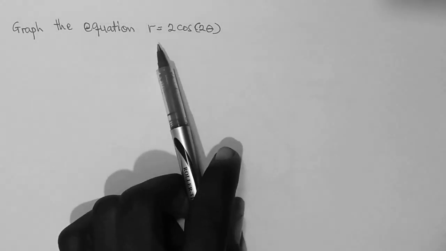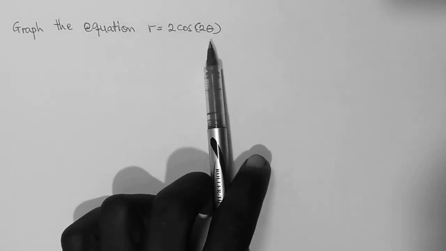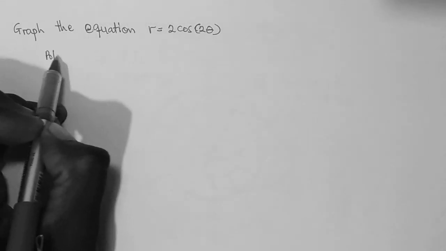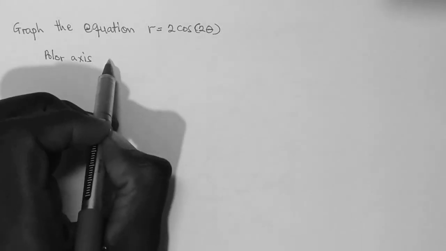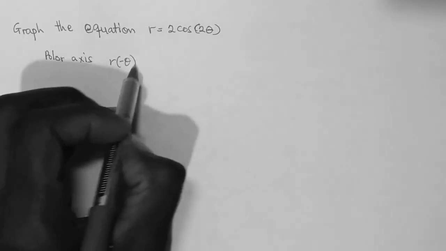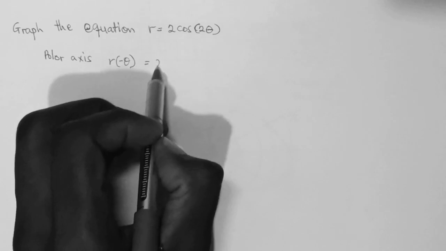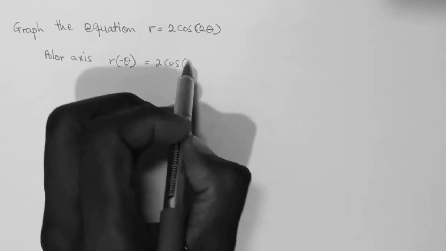Graph the equation r equals 2 cos 2 theta. So first thing, let's determine the symmetries. Let's find the symmetry about the polar axis. With symmetry about the polar axis, we need to look for r of minus theta. And this is equal to 2 cos minus 2 theta.